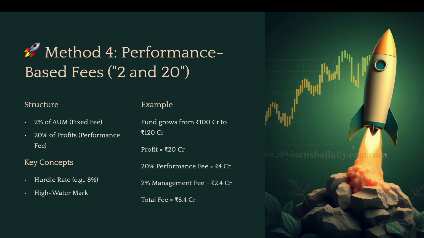So now for example, if you calculate 20% performance fee, like profit is 20 crore, 20% will be 4 crore. So 4 crore goes to the GP, general partner, and the remaining, around 13.6, goes to the LP. So this is how it will get calculated.